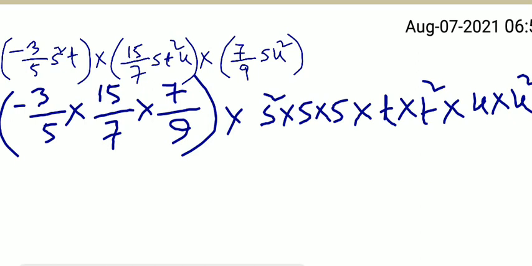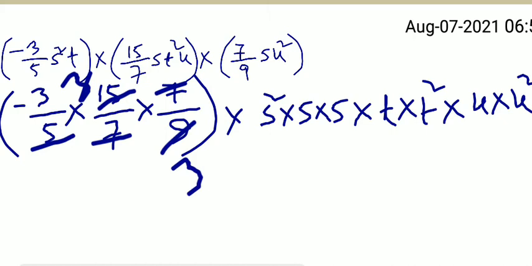Now the numbers you have to calculate. You can see that here 7 and 7 will be cancelled, 5 and 15 will be cancelled, write 3. These 3 also cancelled and write 1, 3 threes are 9. And these 3 and these 3 also cancel, it will be minus 1.